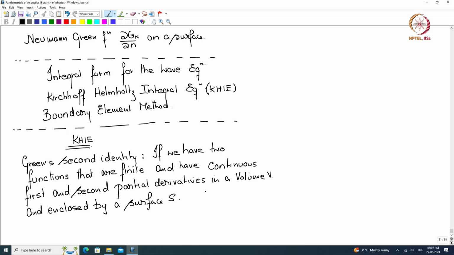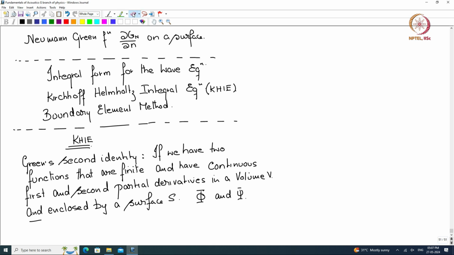let these two functions be denoted by phi and psi. Okay. Then the Green's second identity, okay.